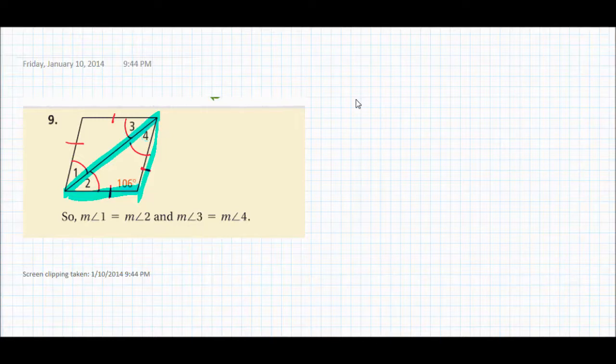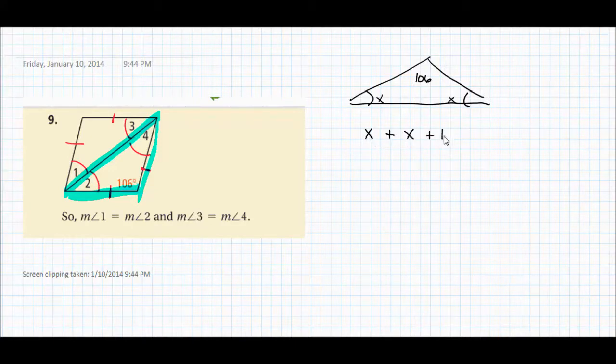Since we have one angle given, we can draw our triangle again. We know that the top angle is 106, and the other 2 angles we'll just put in as x. We know they're congruent. We know the sum of all the angles of a triangle has to be 180. So angle x plus angle x plus 106 equals 180.